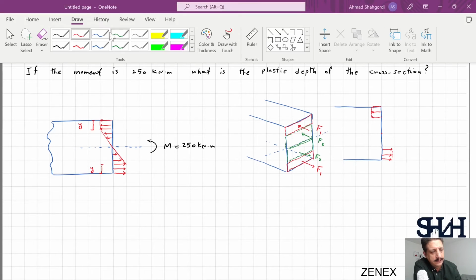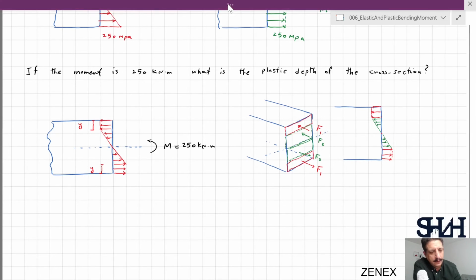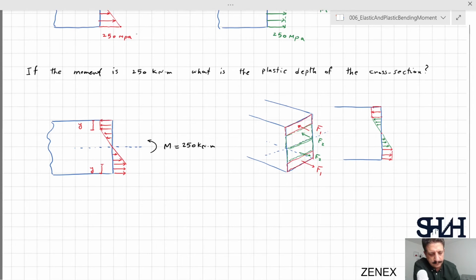And then the rest is a triangle. If the distance for the plastic side is y, the total depth of the cross section was 200 millimeter. So then the elastic side in the compression will be 100 minus y, and the same on the other side, 100 minus y, and this is y.